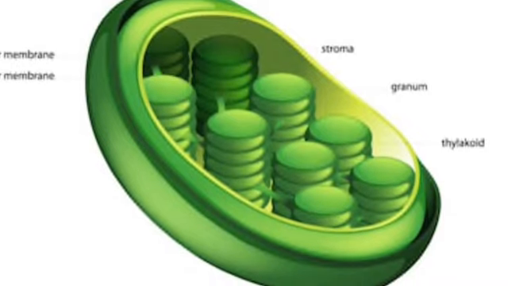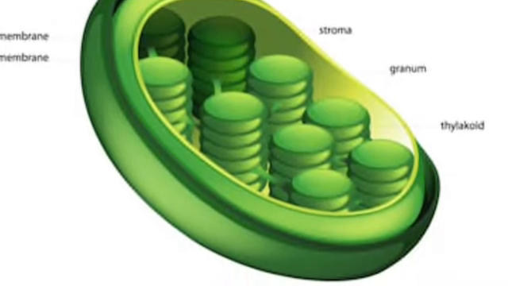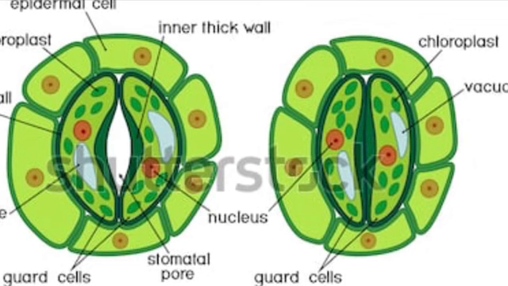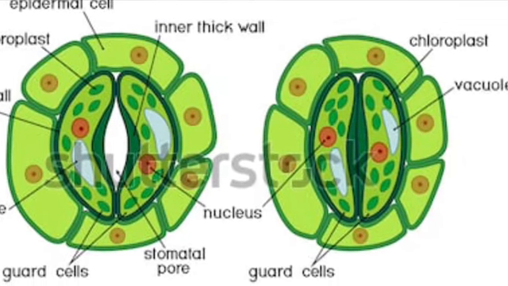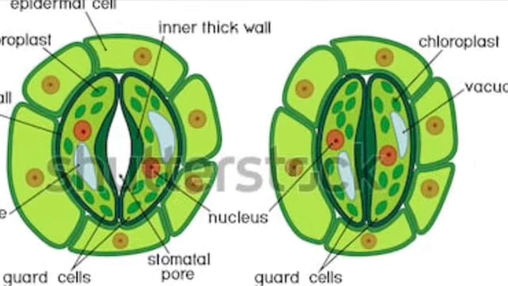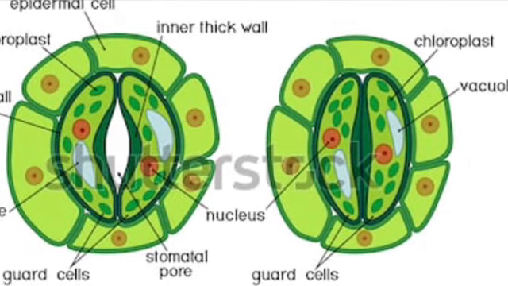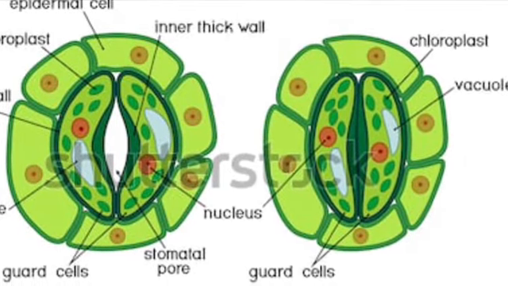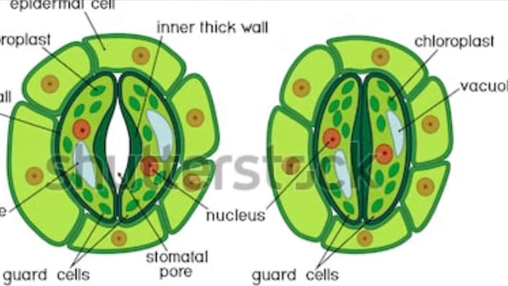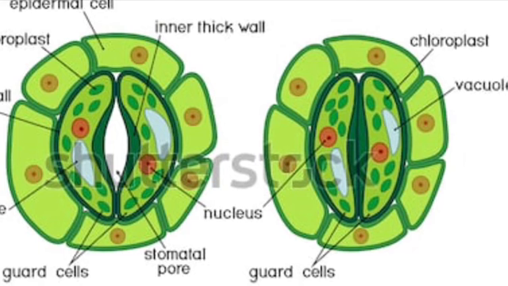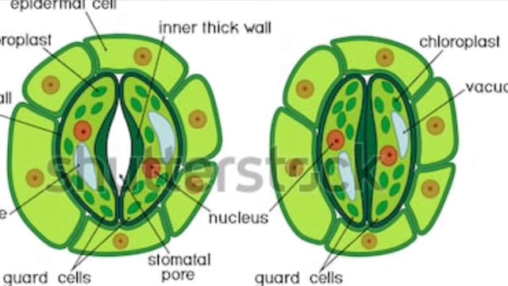One of the other things that you need to be mindful of is that our leaves contain some structures that help in the process of photosynthesis. And that structure is called the stomata. The stomata has two parts. It has a tiny porous opening that we call the stoma, which is responsible for gas exchange.